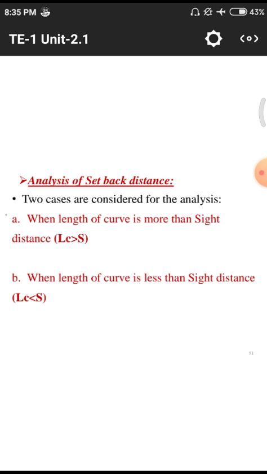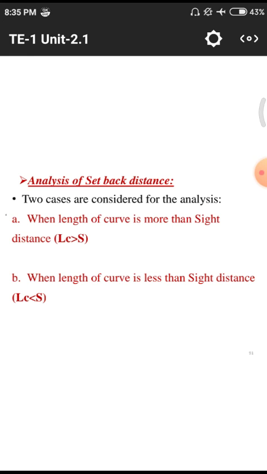That means we need to counter accidents and other sight problems, that means the sight distances. To counter those, we need to analyze these setback distances with respect to two conditions. First, the length of the curve is more than the sight distance. Second, the length of the curve is less than the sight distance.